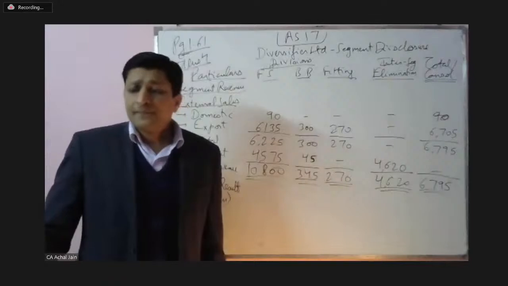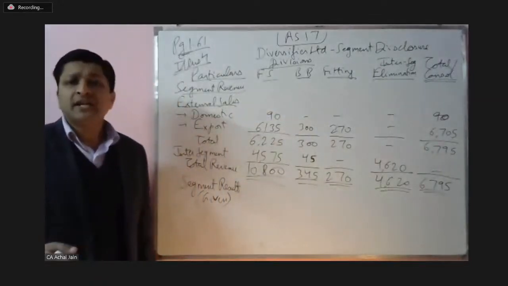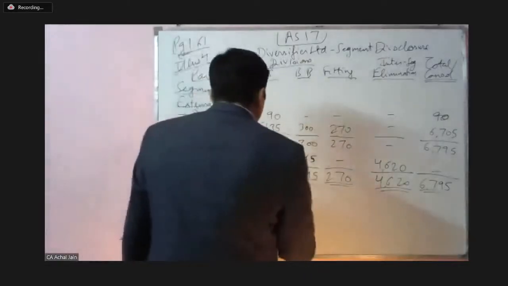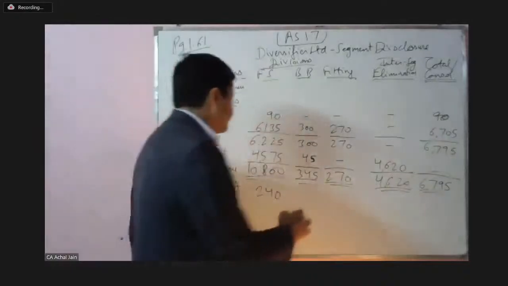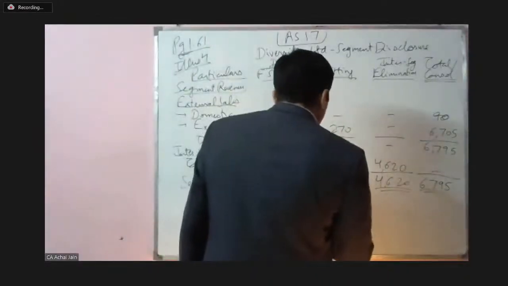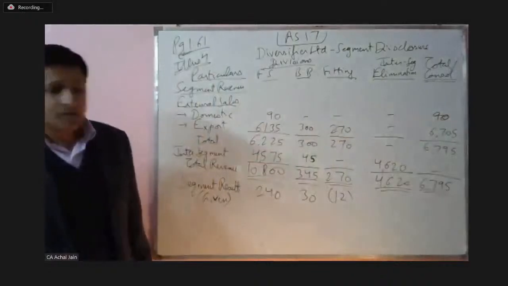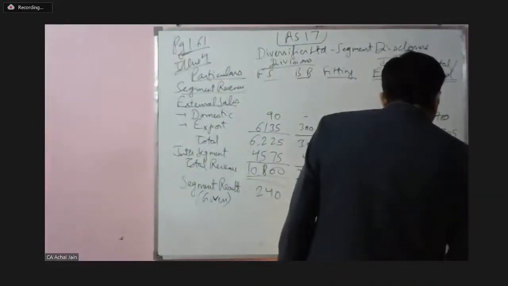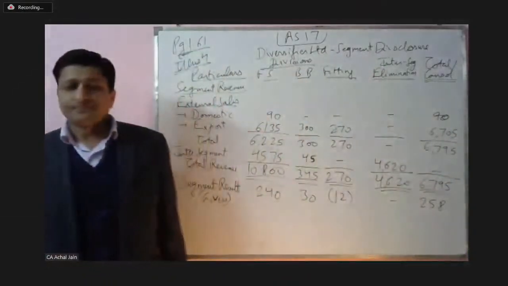But over here, we will not determine, because the question itself has given this segment result. So this is 240. This is 30. This is negative 12. Means it's a loss. And all in all, this is 258 at the entity level.